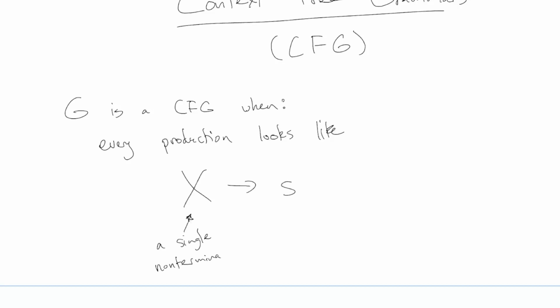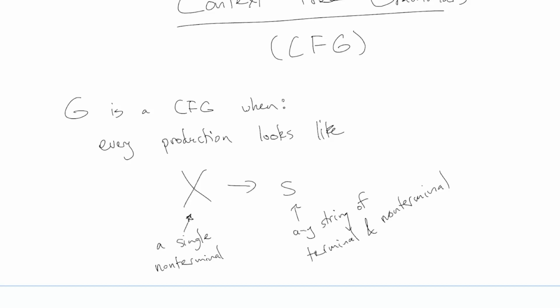Remember, it means the capital letters, the letters in the grammar which can become other stuff. And terminal is like the little a and the little b. Those are letters which do not become anything else. So a context-free grammar means every production looks like a single non-terminal on the left side of the arrow, and then on the right side of the arrow, any string of terminals and non-terminals. You can have anything you want on the right side of the arrow. You must, on the left side of the arrow, have just one single non-terminal symbol. All right?